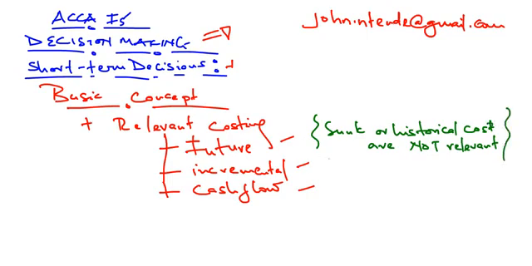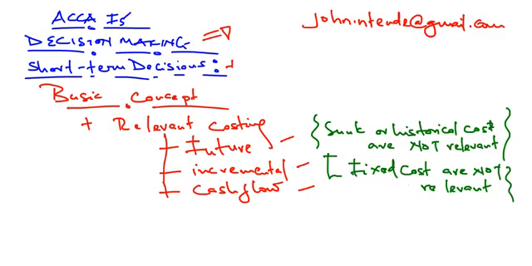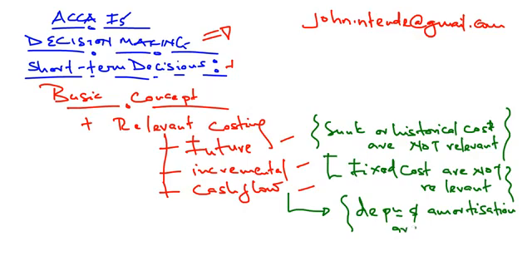It has to be incremental, meaning that fixed costs are not relevant. And finally, it must be a cash flow. So things like depreciation and amortization are not relevant.